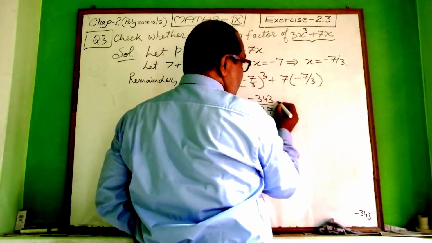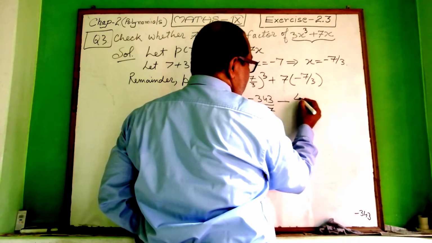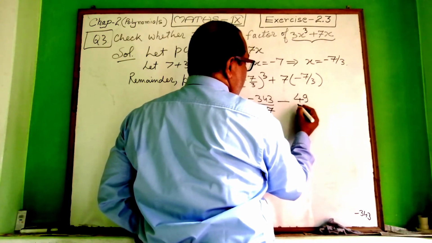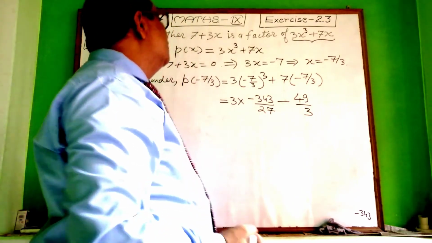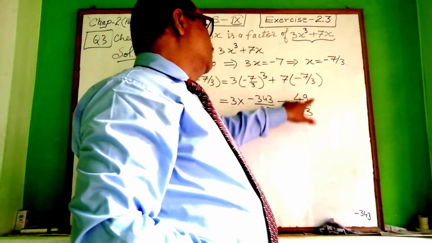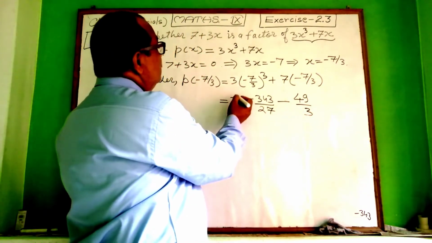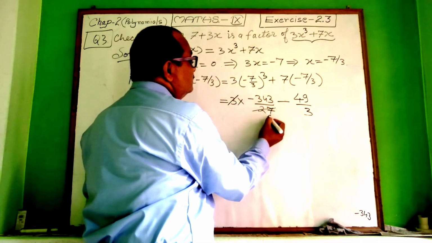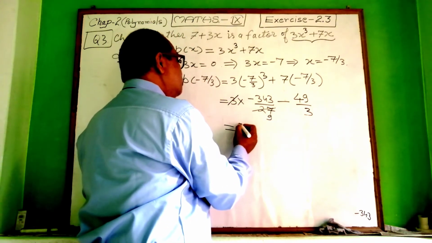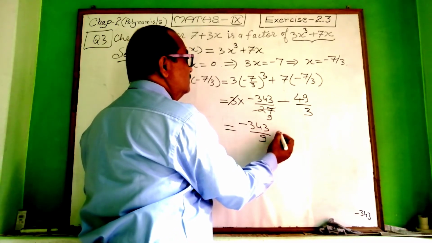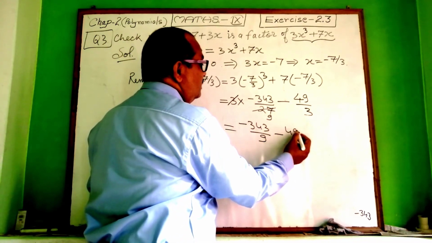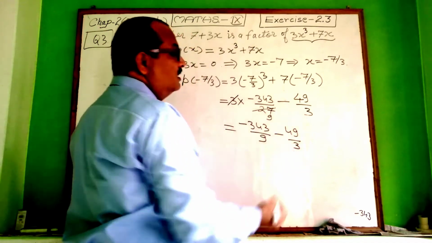Plus and minus product is minus 49 upon 3, because nothing in the denominator. So you can simplify a little: minus 343 upon 9 minus 49 upon 3.